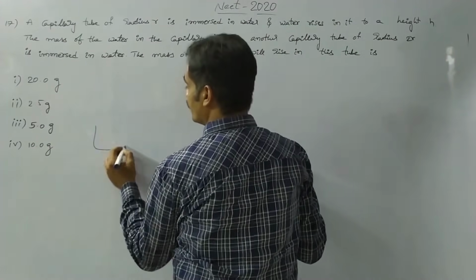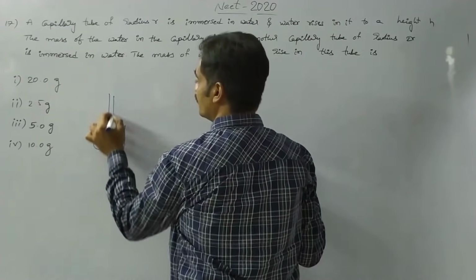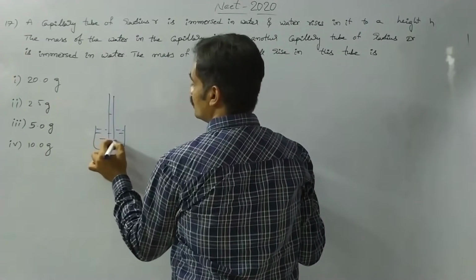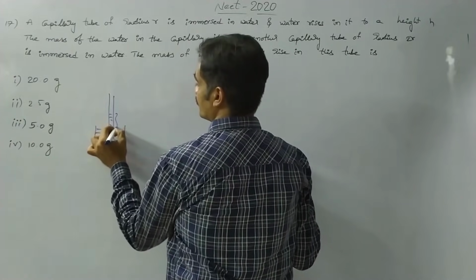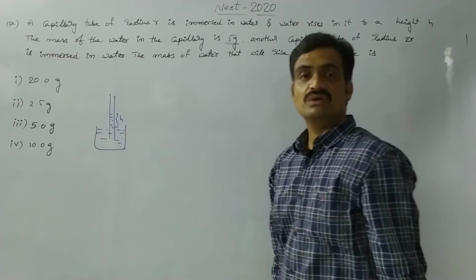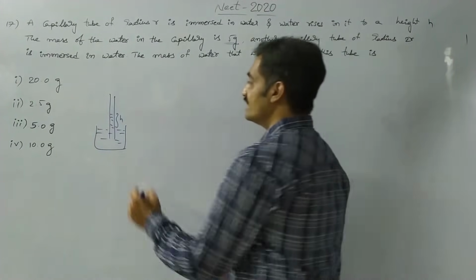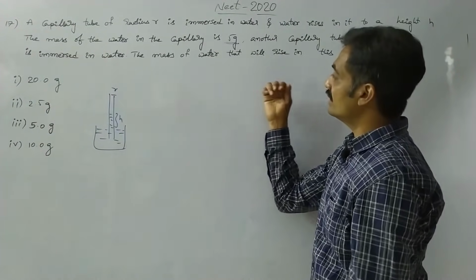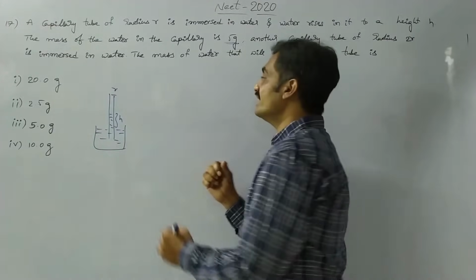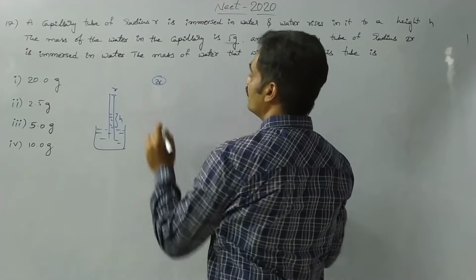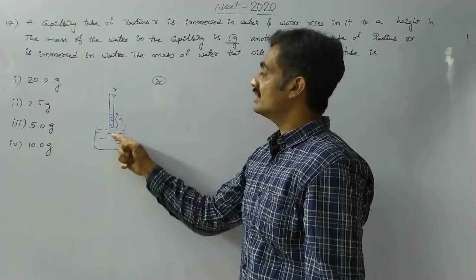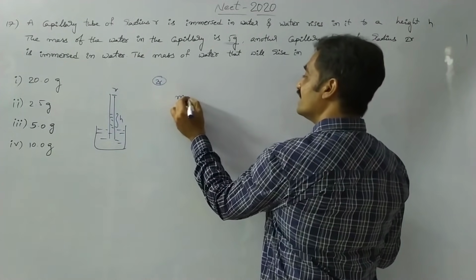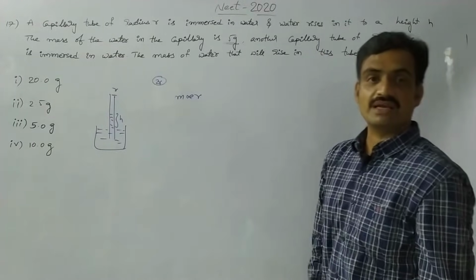If we consider a capillary tube dipped in a beaker, the level of the water in the tube rises to h, whereas the radius of this tube is r. If we replace this tube with a capillary tube of radius 2r, then we have to find the mass of the water in this new capillary tube, where we know that mass is directly proportional to the radius of the capillary tube.